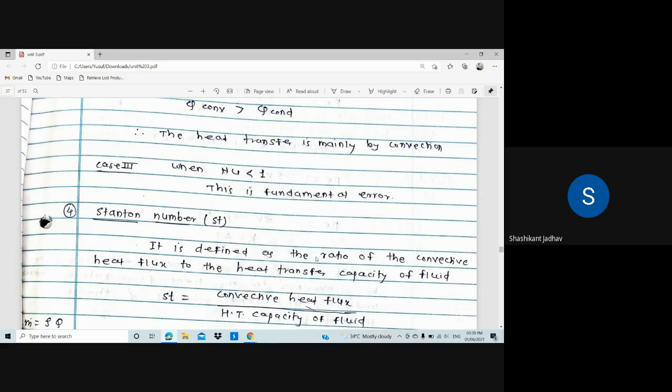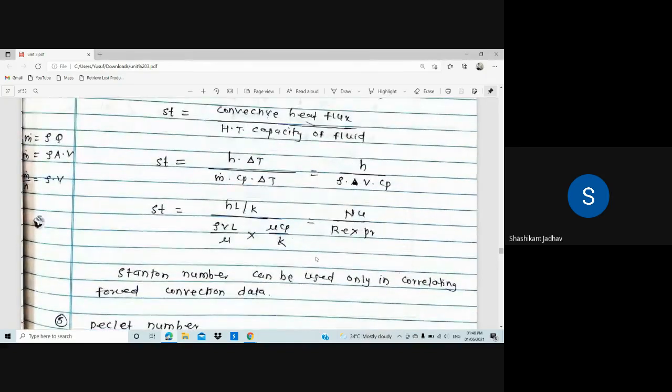The Stanton number is denoted by ST and it is defined as the ratio of the convective heat flux to the heat transfer capacity of a fluid.